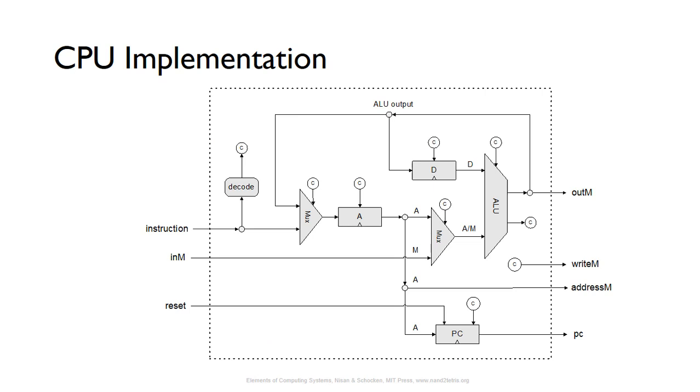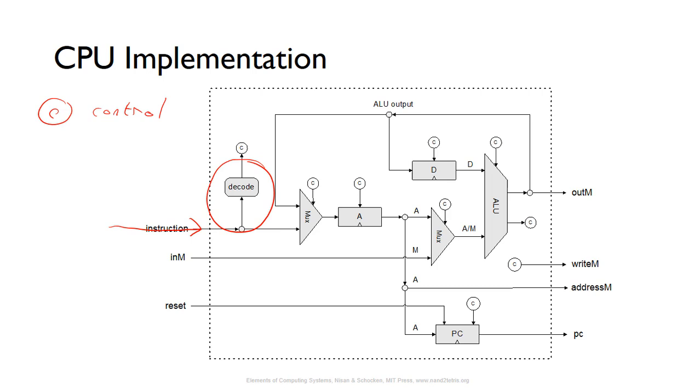So this is an incomplete picture of the CPU implementation. Each of the Cs here represents a control bit. This means that an instruction is going to come into the CPU, and you need to come up with some logic to be able to decode that instruction.